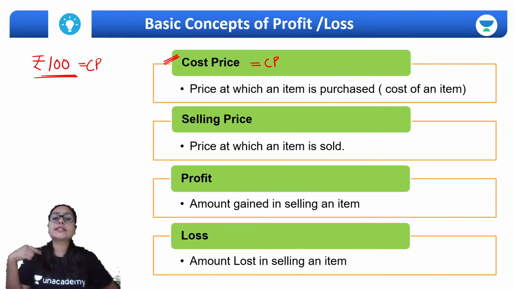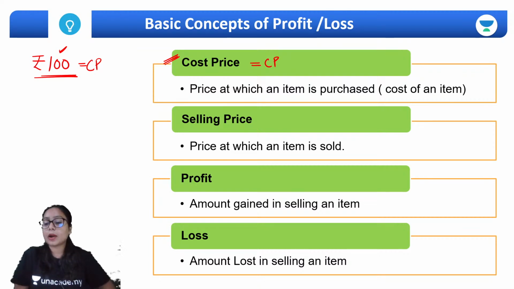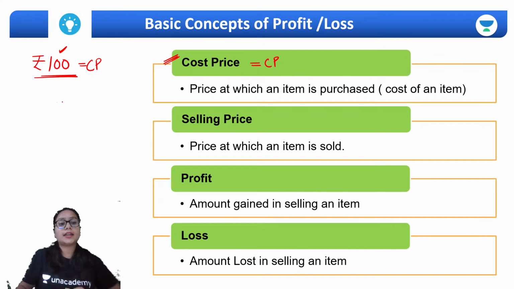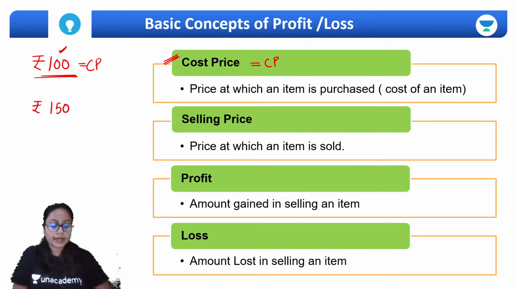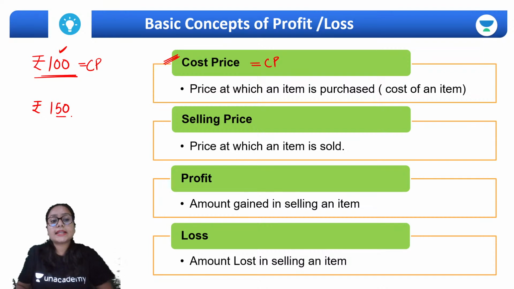Now I am going to sell that book to someone. Obviously I will not sell the book at the exact amount that I purchased it at. So I sold this book at 150 rupees. This is my selling price, the price at which an item is sold. This is SP.